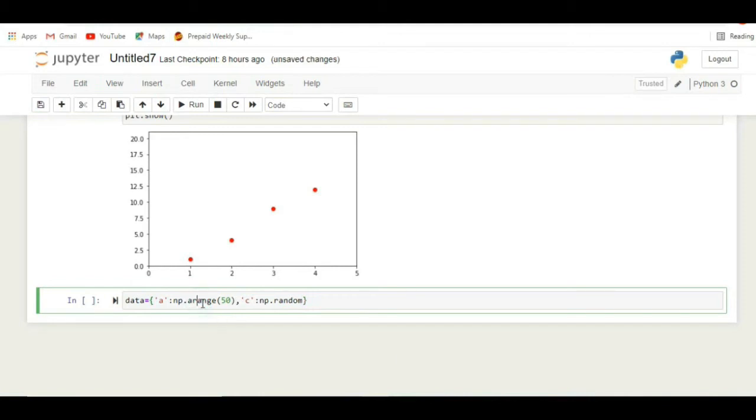Here the spelling is ARANGE, otherwise this will not work. Then dot.